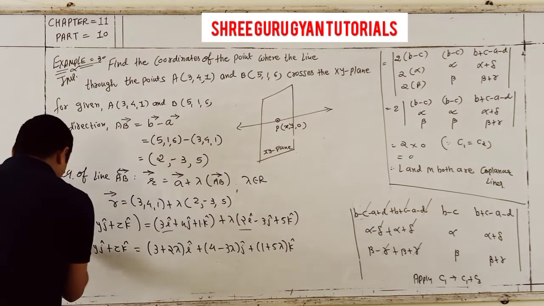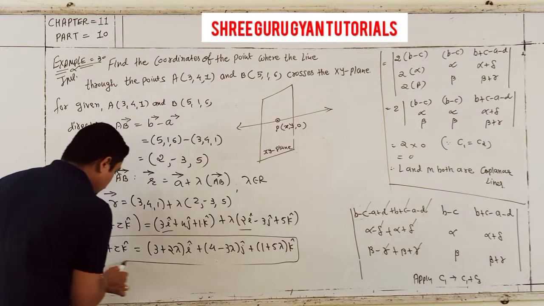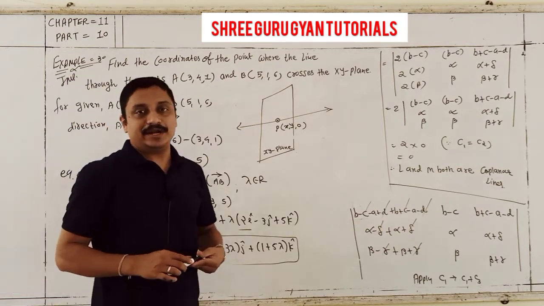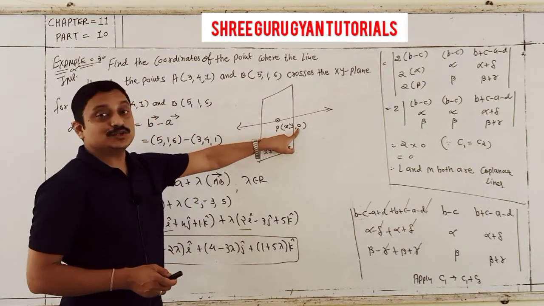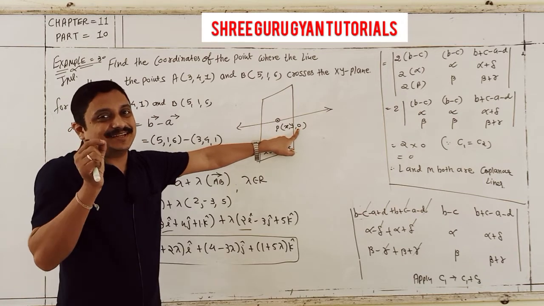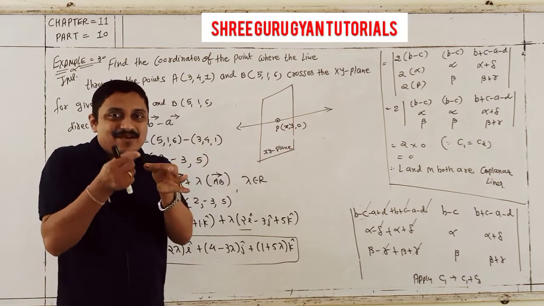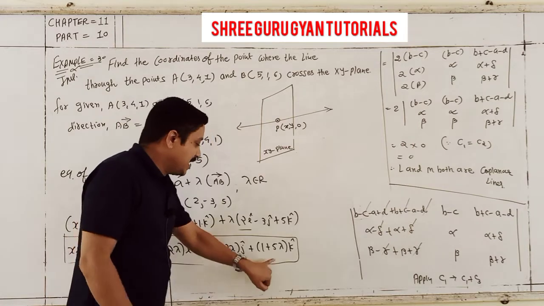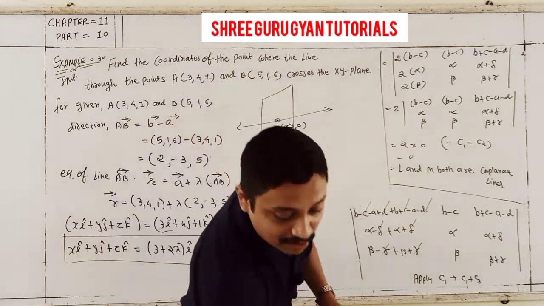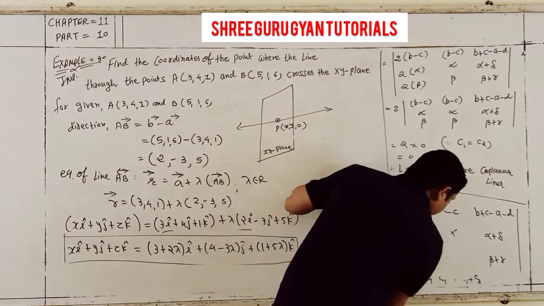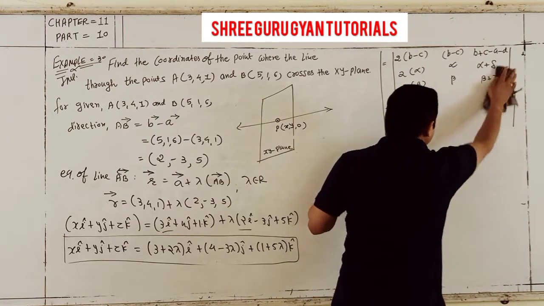That is the comparison, and your x, y, z values are ready. But the point on the xy plane has position xi, yj and 0k, so I take z as 0, define the value of lambda and easily find your answer.